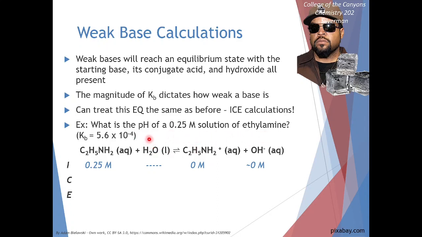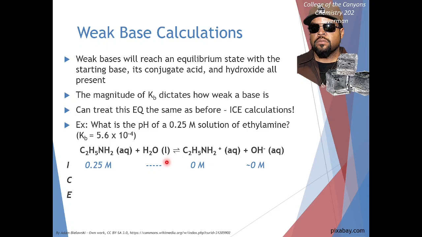You know the Kb value. This Kb refers to our base reacting with water, producing hydroxide and that conjugate acid. We know the initial concentrations, 0.25 molar and none of our products. Again, we can ignore water since it's liquid and won't appear in that K expression.